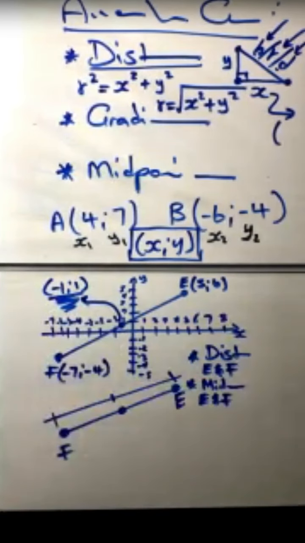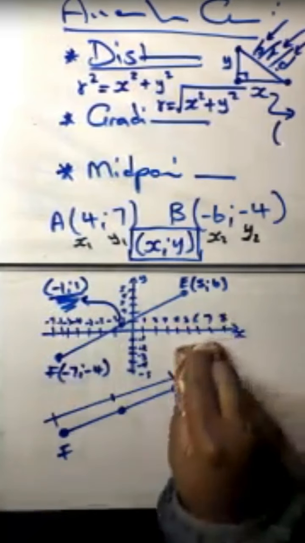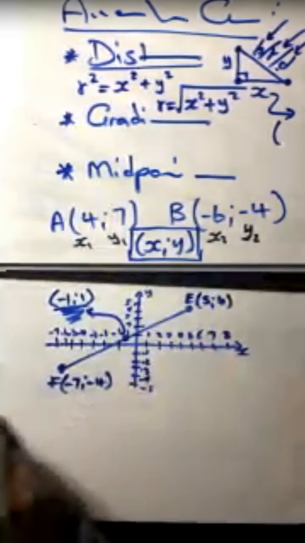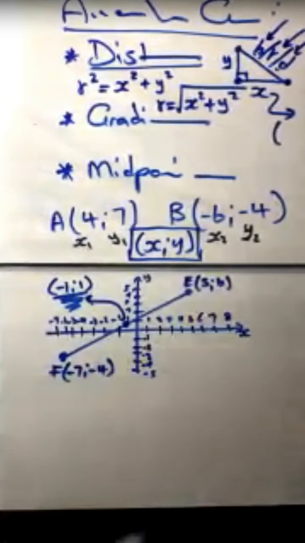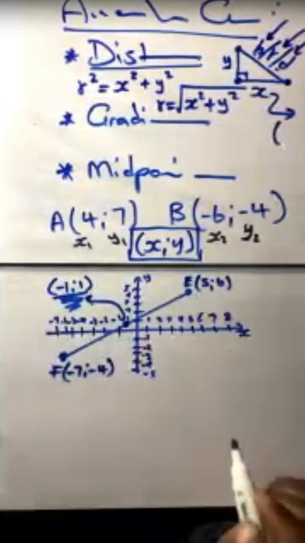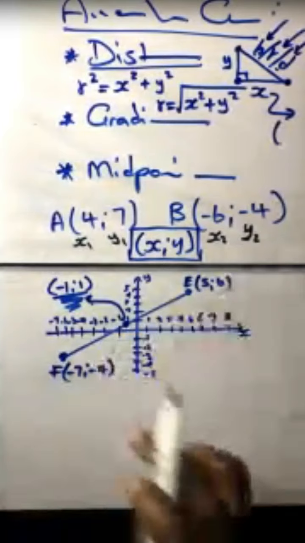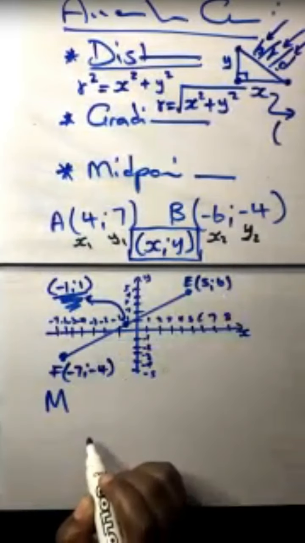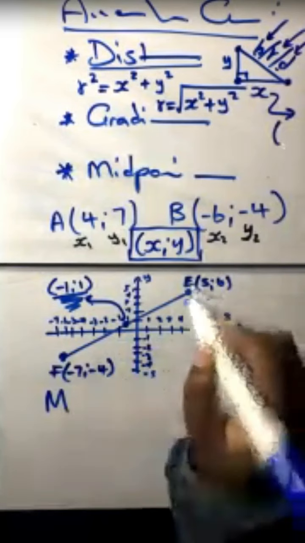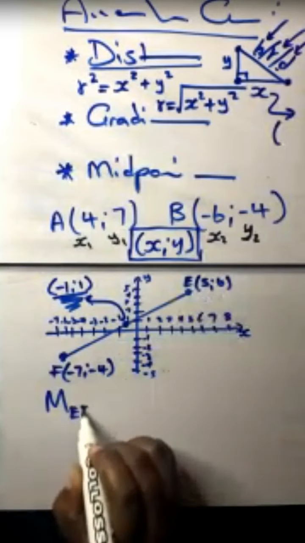So now I'm going to show you exactly how you answer a question which says calculate the midpoint between point F and E. Remember, you already know how to calculate the distance. You can easily do that. So for the midpoint, you write the formula to say it is the midpoint of which points?